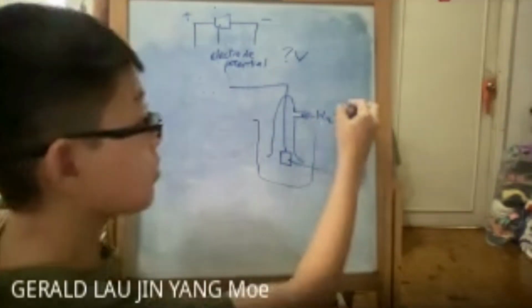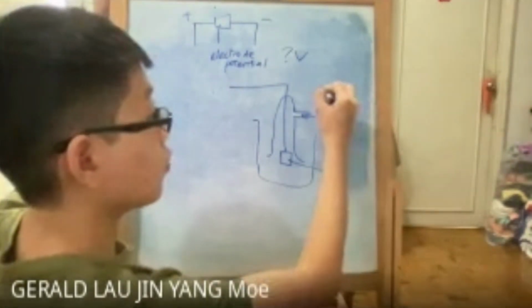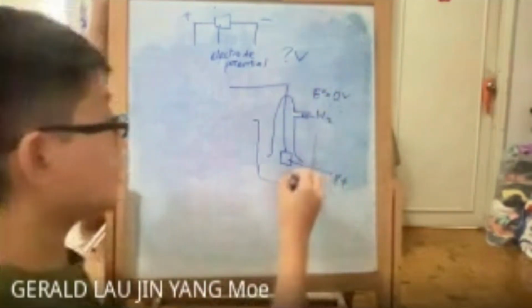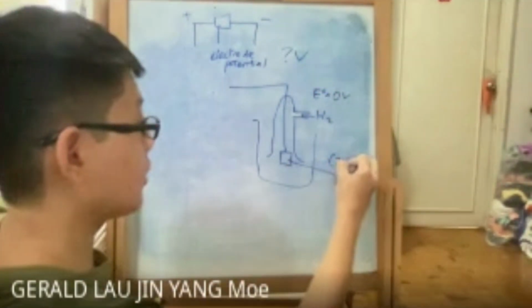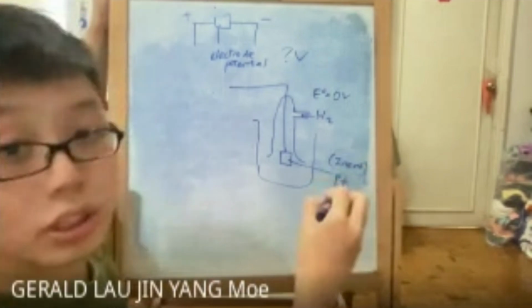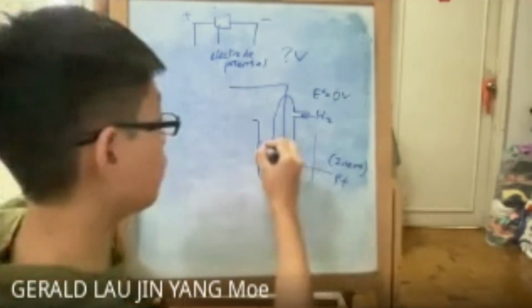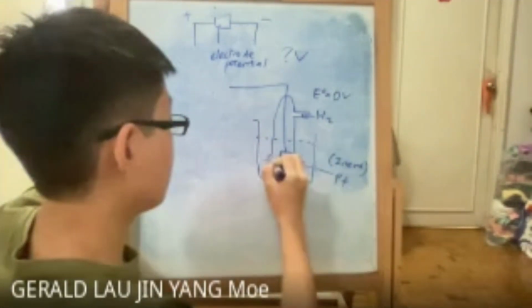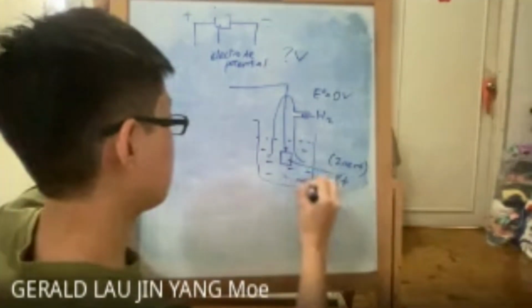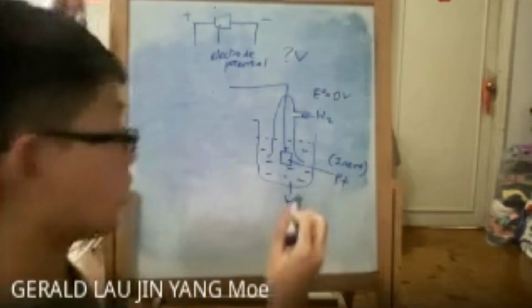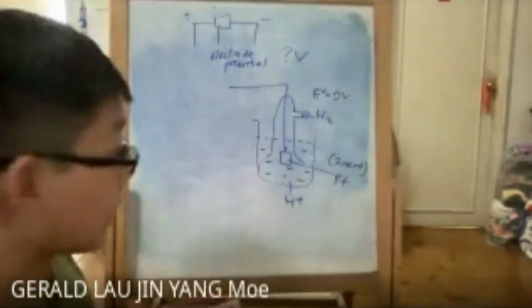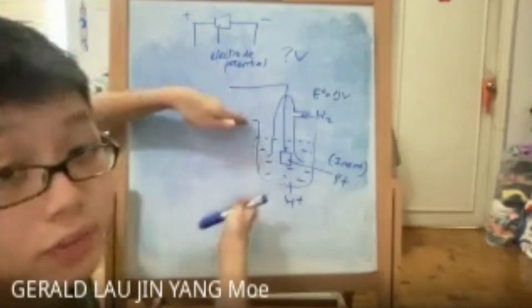Why hydrogen gas? Because remember, its value is 0 volt. Platinum because it is inert. What solution? Of course, a solution containing hydrogen ions. So this is the half cell of the standard electrode potential.